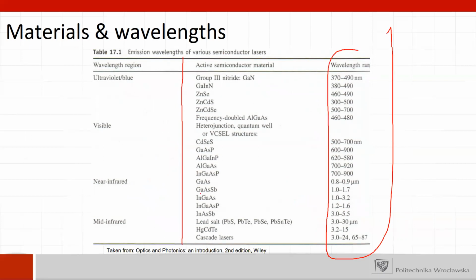Here you can see what wavelengths can be covered by different materials. In most typical applications, like in the telecom industry, we use indium gallium arsenide, most likely, because this covers the range of 1.5 micrometers.